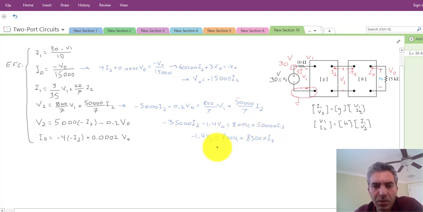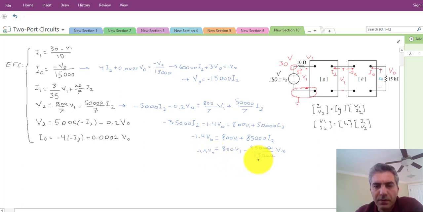So that would be equal to 800 V1 minus 85,000 divided by 15,000 V out. So that simplifies, and I can now move it back to that side, 1.4 V out.